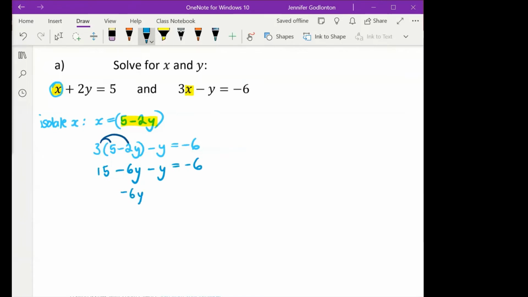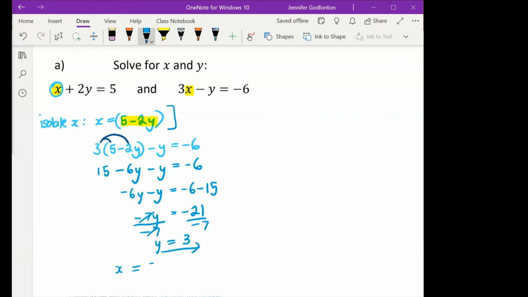I'm going to keep my y's on one side and move my numbers to the other side. And I have negative 7y equals negative 21. I'm going to divide both sides by negative 7, and I get y is equal to 3. Then I can just go back to my original equation.